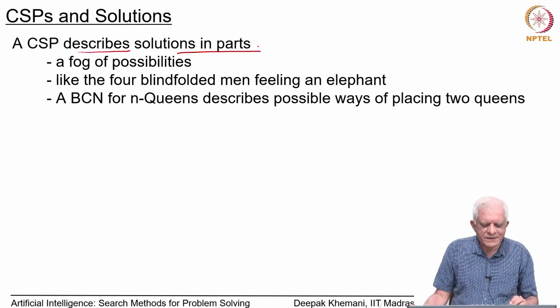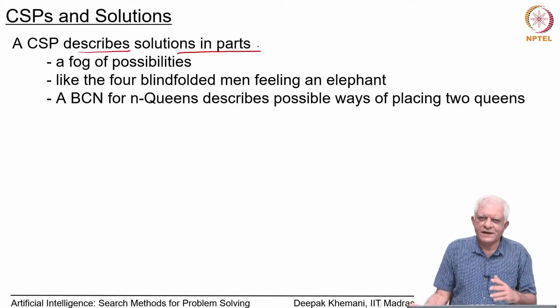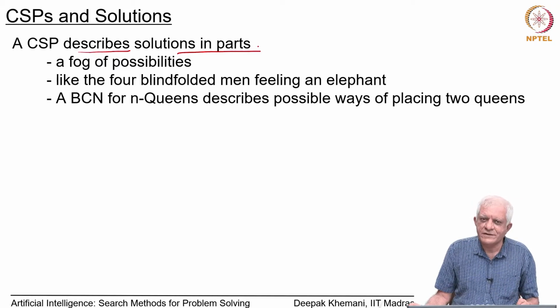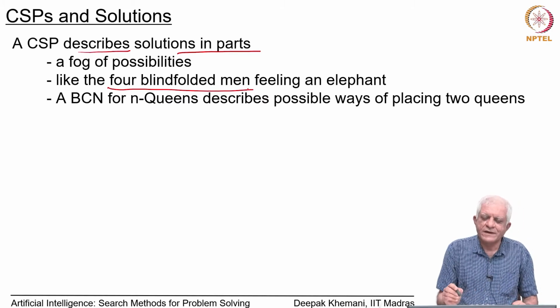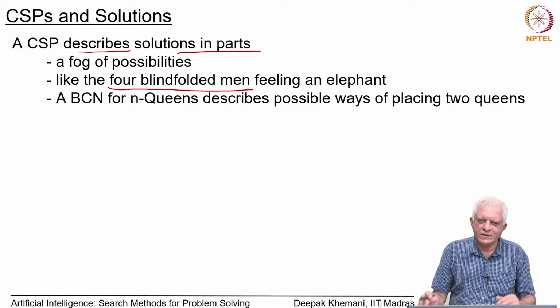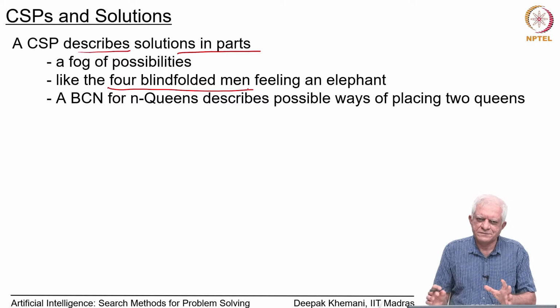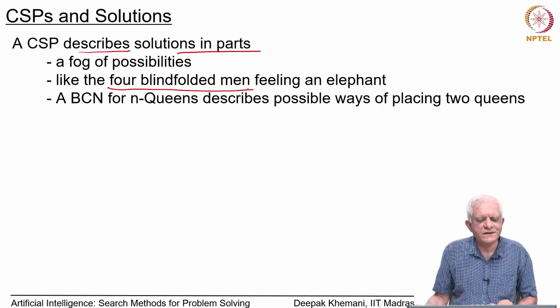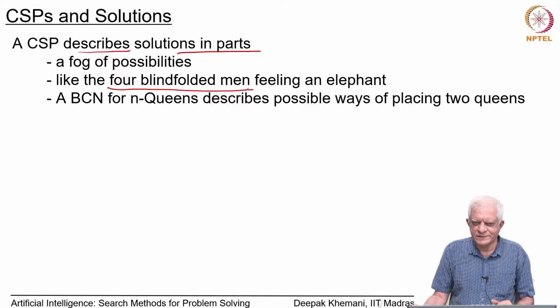So, a CSP describes only a part of a problem, and I am sure you must be familiar with this story of the 4 blindfolded men who are put in front of an elephant, and each of them touches the elephant, and they get different responses to their sensing.